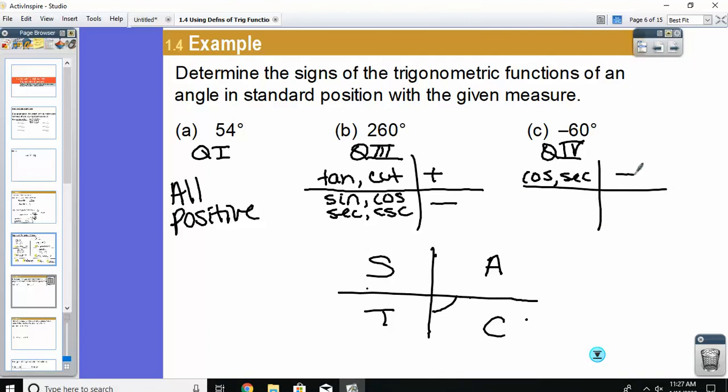So those 2 would be positive, and the other 4 are negative. Does that make sense to everybody?